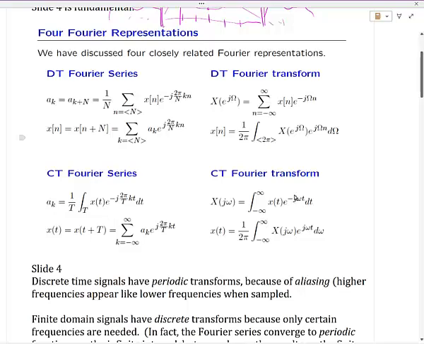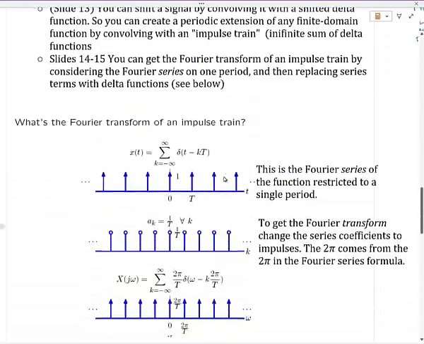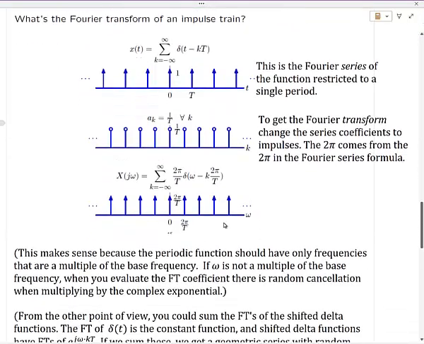Now, if omega is not a multiple of the base frequency, what happens when you take e to the minus j omega t times this? Well, it's going to oscillate, and it's going to oscillate randomly relative to the sampling. So when I add up the samples, it's going to cancel, and the cancellation makes it 0. Since it's 0, it's not going to have any value. So it makes sense that only these frequencies are going to contribute.